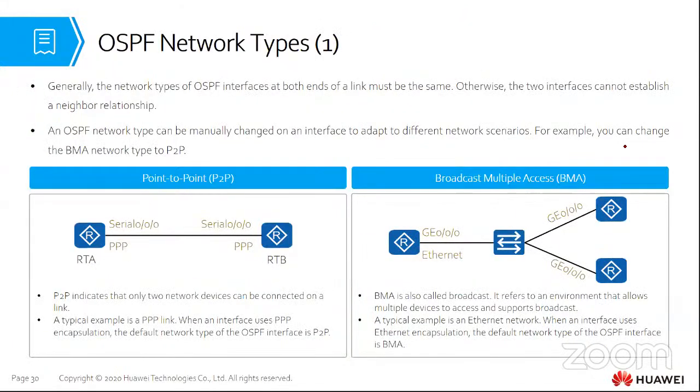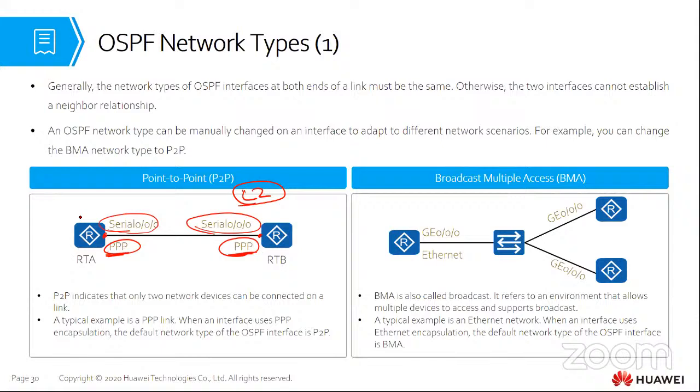The first network is point-to-point. An OSPF network type can be changed manually to point-to-point. You can go to this interface and say OSPF network type point-to-point, and then you go to this one and say OSPF network type point-to-point. You can do that manually. But also, if you connected 2 devices using a serial link, the default layer 2 protocol that will exist between them is point-to-point protocol.